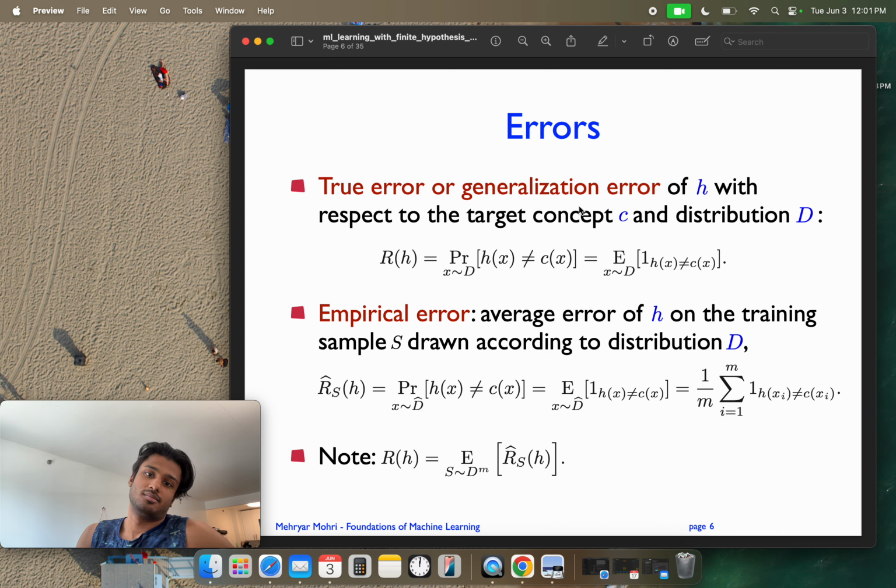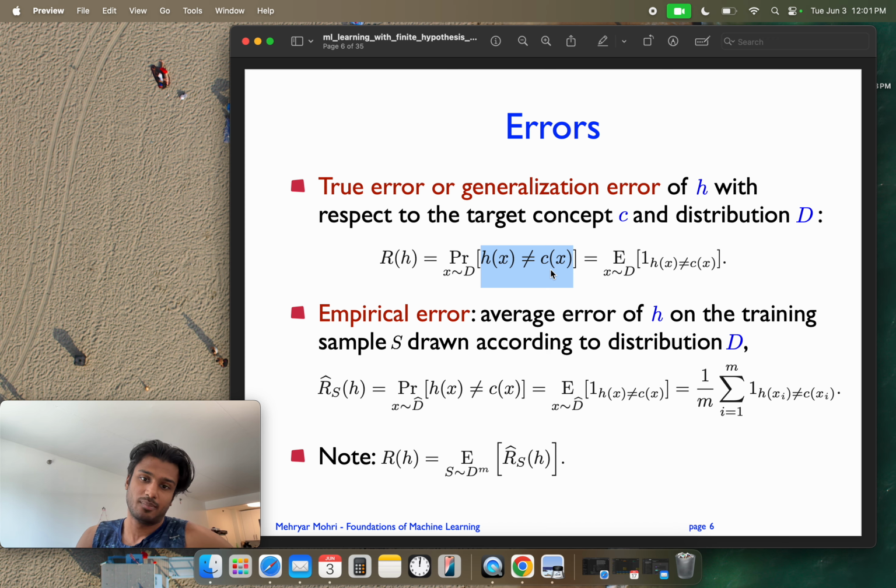The true error, or generalization error, of the hypothesis h with respect to the target concept c and the distribution capital D: because it's only a binary classification problem, we only need to look at whether the values are the same or different. The only time our hypothesis h, the hypothesis output by the algorithm, makes an error is when it is not equal to the value of the real concept.